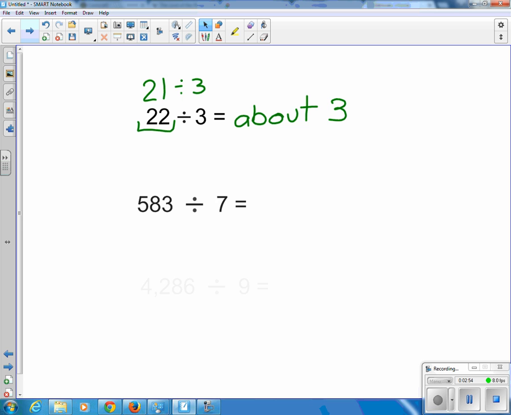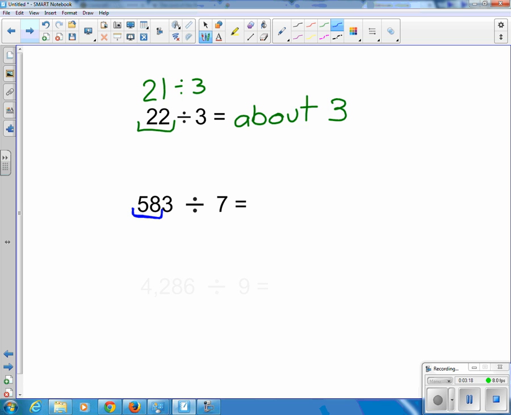Okay, let's do another example. 583 divided by 7. So let's get the first two digits and let's look for a multiple that is close to 58 so we can easily divide it by 7. Let's look at the multiples. 7 times 8 is 56. 7 times 9 is 63. Which one is closer?